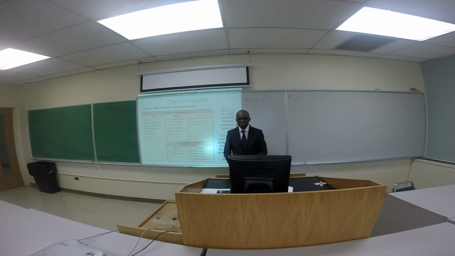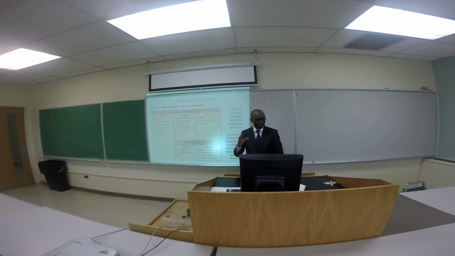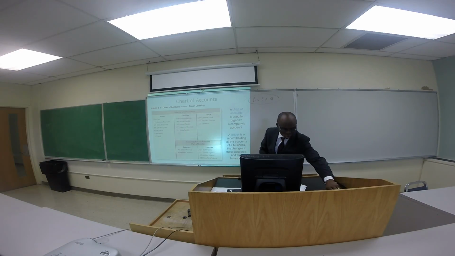Now, moving along, let's take a look at the chart of accounts. What is a chart of accounts? First of all, you need to know this. In real life, accountants use several records or books to keep track of a lot of things or to record transactions. What do I mean by that?